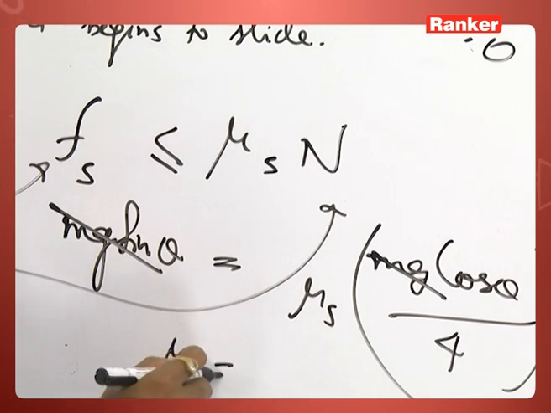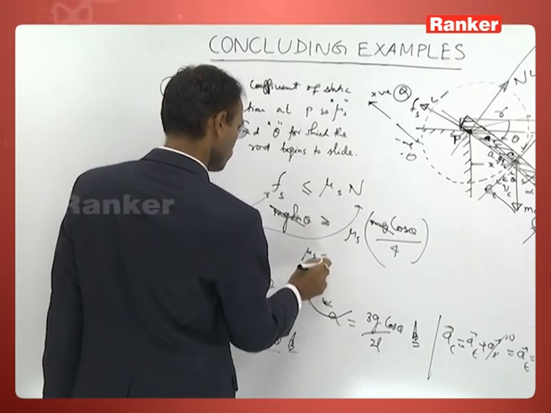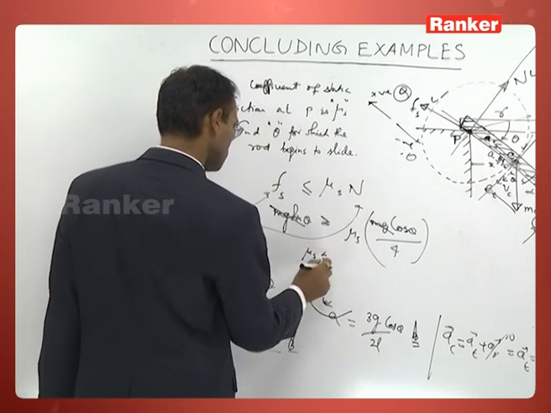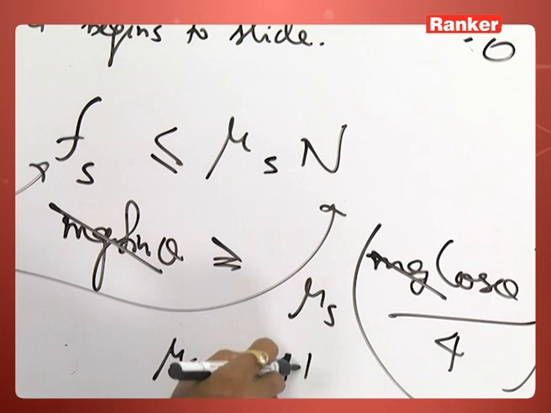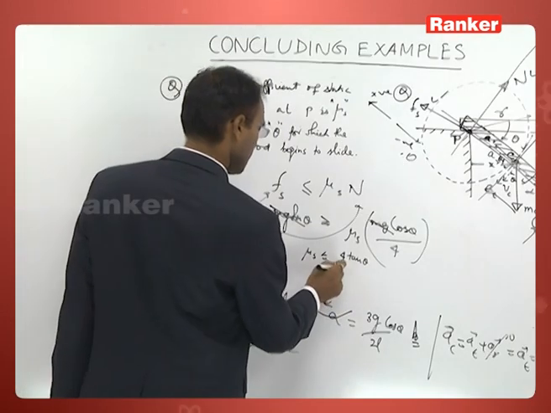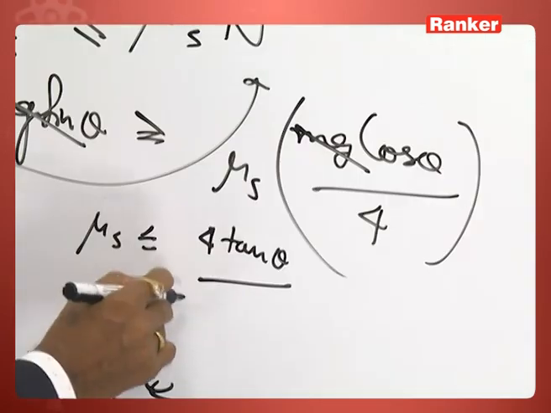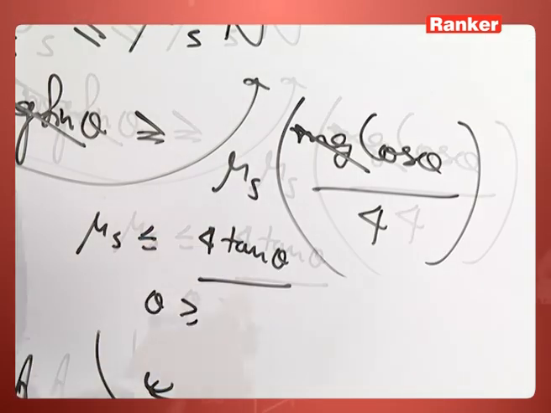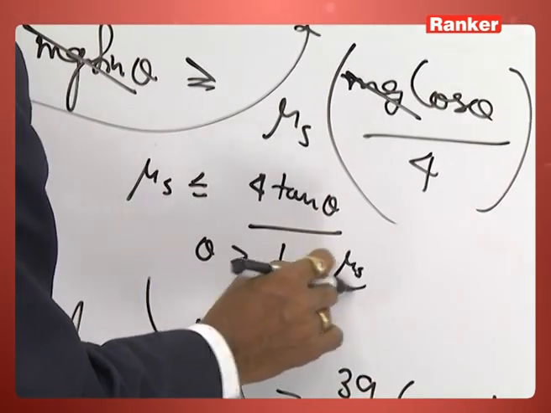Mu s is less than or equal to 4 tan theta, or you can write theta is greater than or equal to tan inverse of mu s by 4.